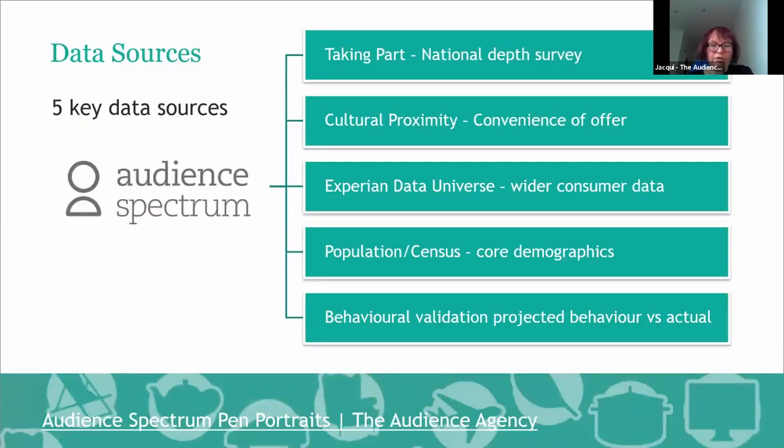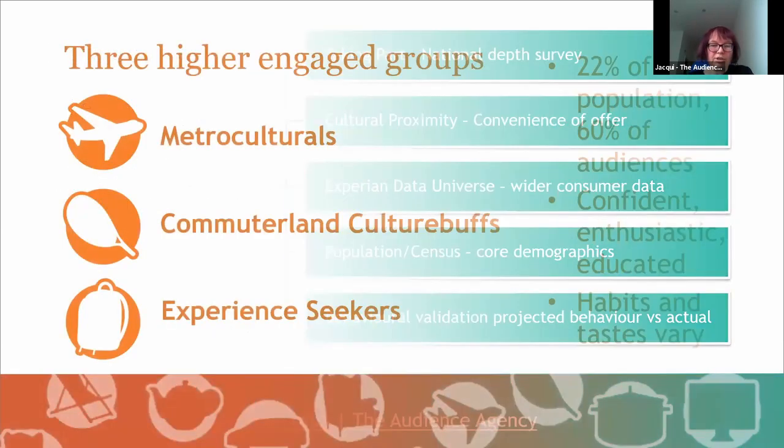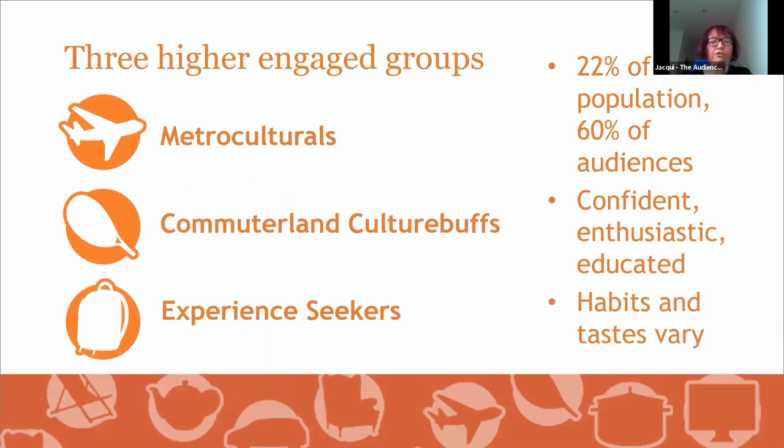So if we start to look at them in a bit more detail, those 3 higher engaged groups, what they have in common is that, although they represent quite a low proportion of the population overall, they are overrepresented across almost all art forms when we look at audience profiles. So they account for a much higher proportion of audiences than they do population.